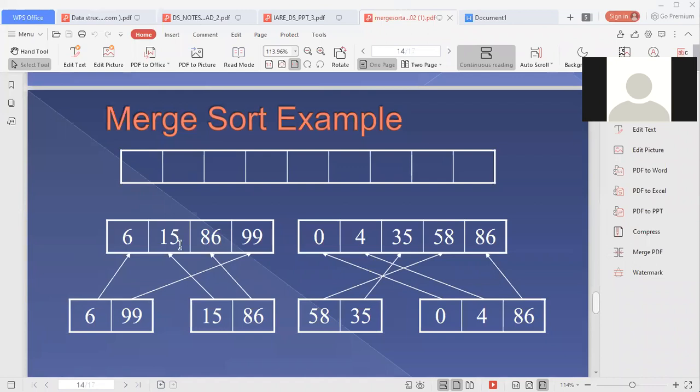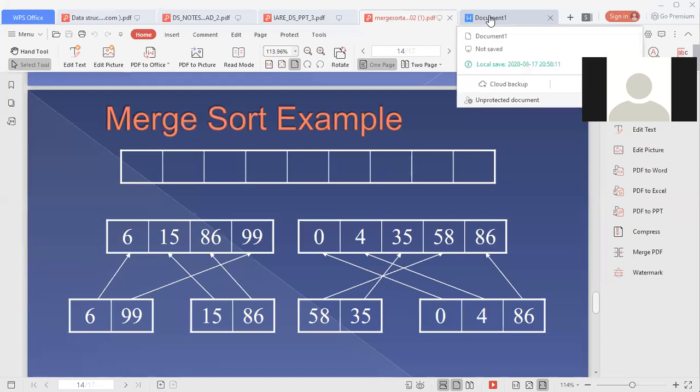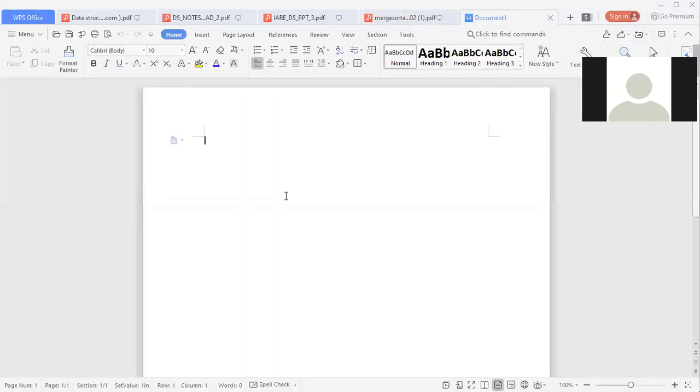Now J is compared with I, which is smaller? 4 compared with 6, which one is smaller? J. So J moves up, 4 goes up, and J is incremented by 1, that is 35. J points at 35. Then should I draw it in a sheet of Word or draw it here?